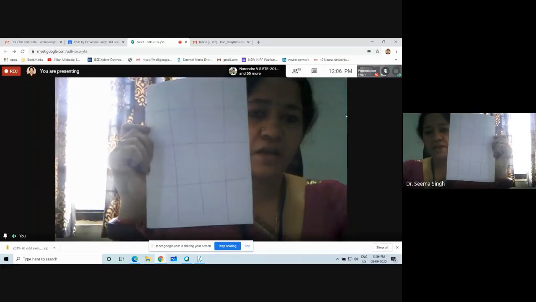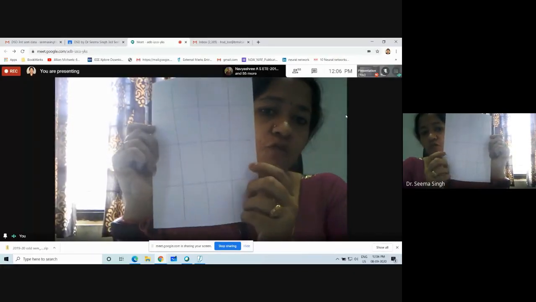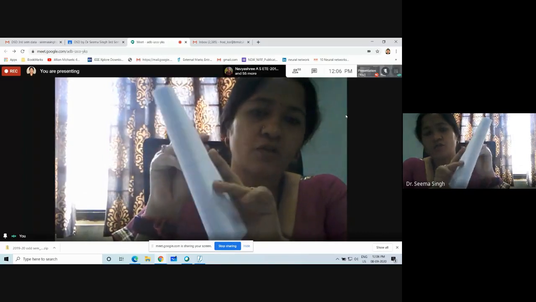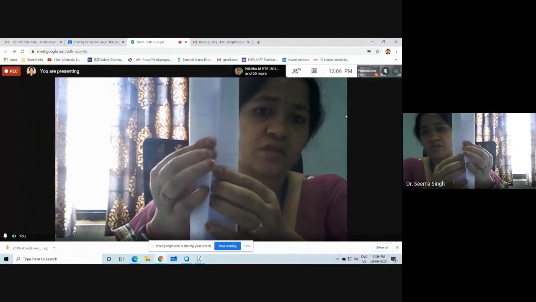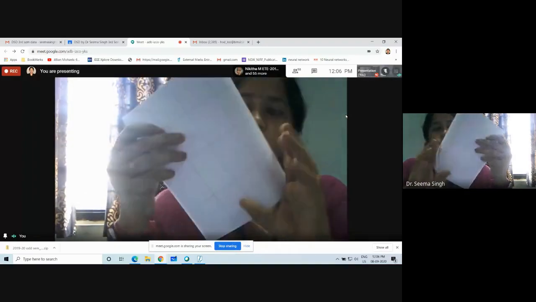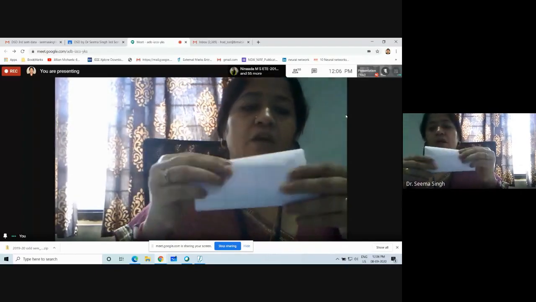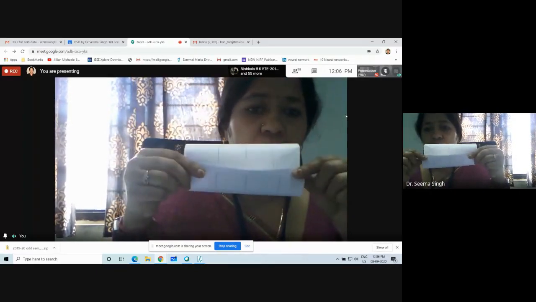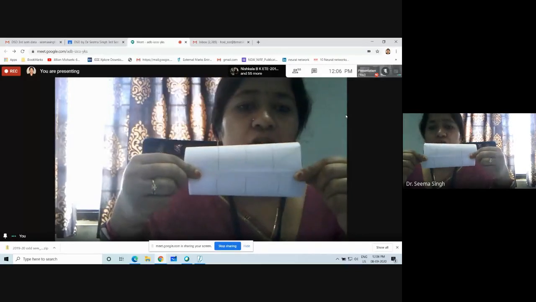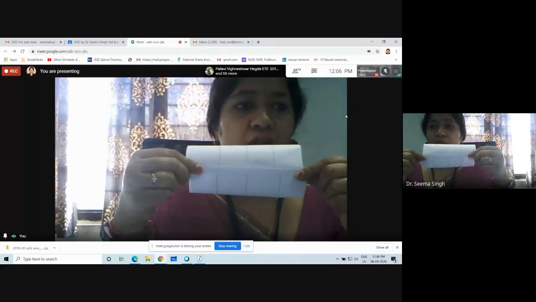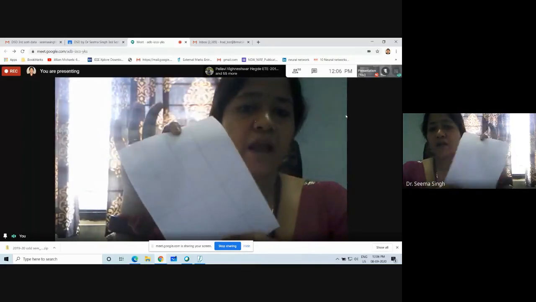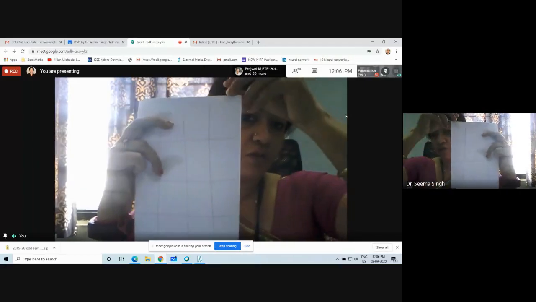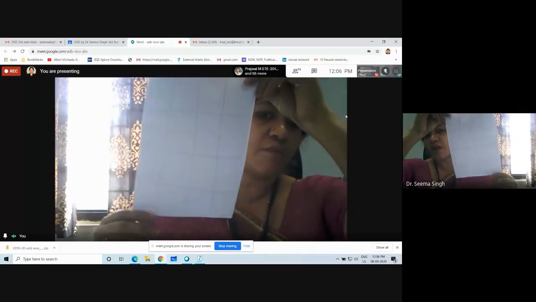What I am telling is, it is foldable. If you fold it like this, your first column and last column come adjacent to each other. Same way, if you fold your K map like this, again your first row and last row come adjacent to each other, and it will help you in grouping. And one more thing, like a handkerchief, you can bring all the 4 corners of the K map together.